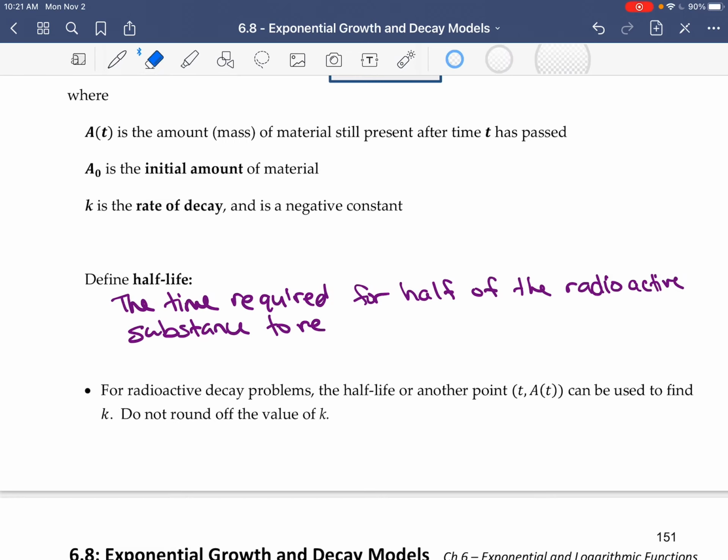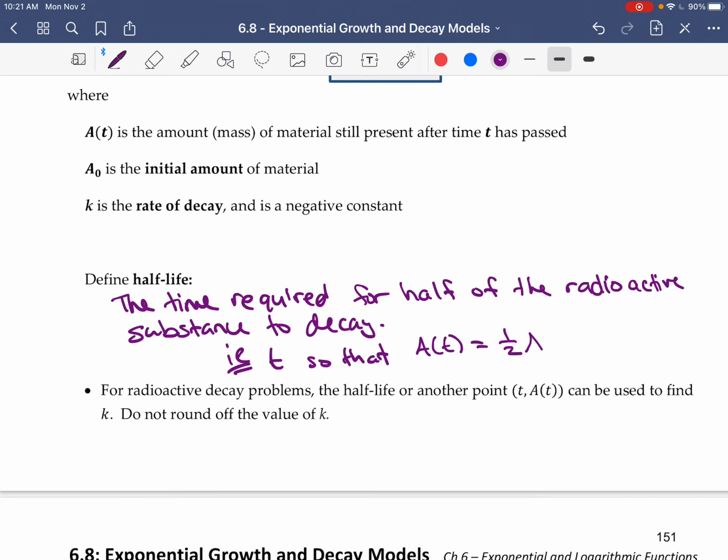It doesn't really matter which way you say it. So i.e. it's T so that A of T is equal to 1/2 times the initial amount. So half of it is gone.